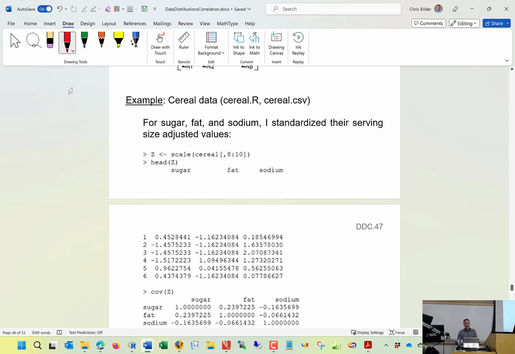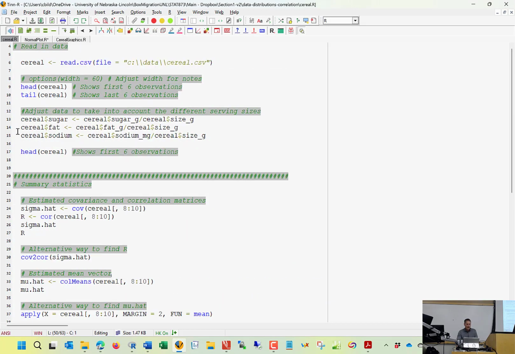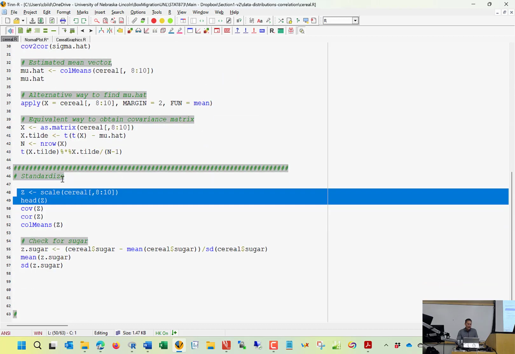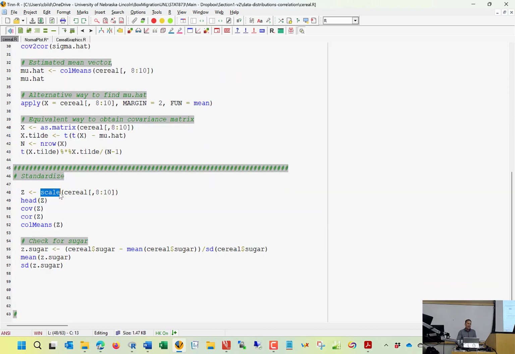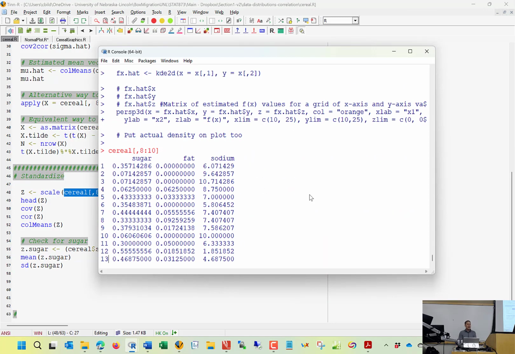So let's talk about this in the context of the cereal data itself, just to verify that this is all true. If you remember from last time, we were interested in columns 8 through 10 of the cereal data set. This is the sugar, fat, and sodium values that have been adjusted for the serving size.